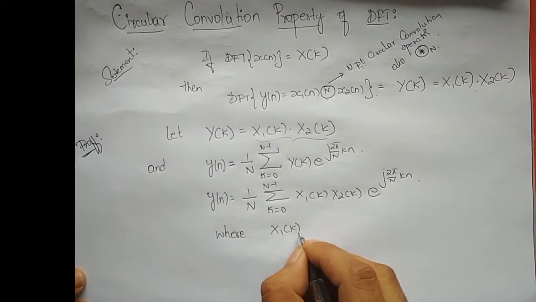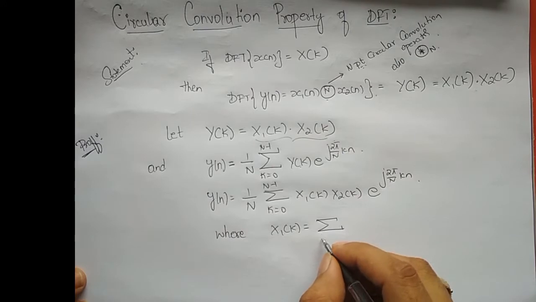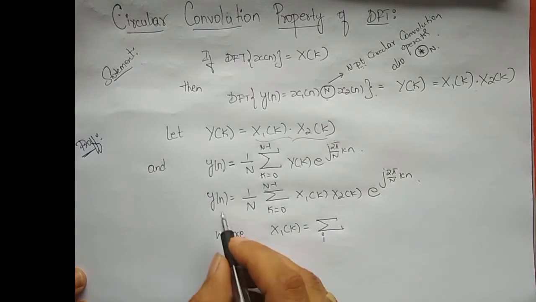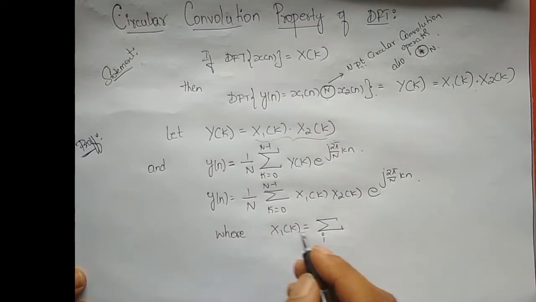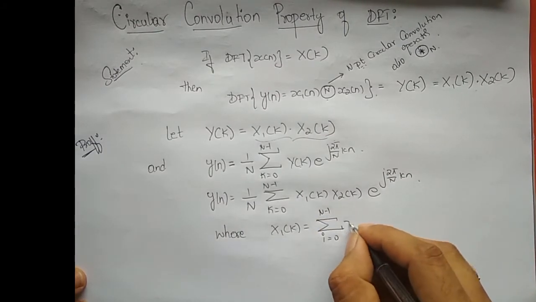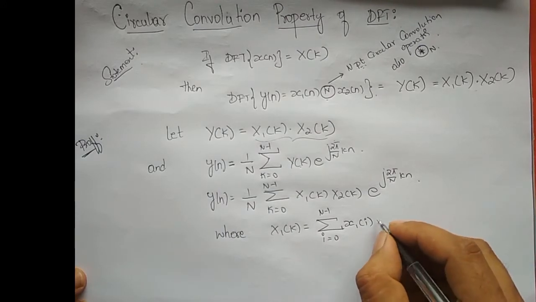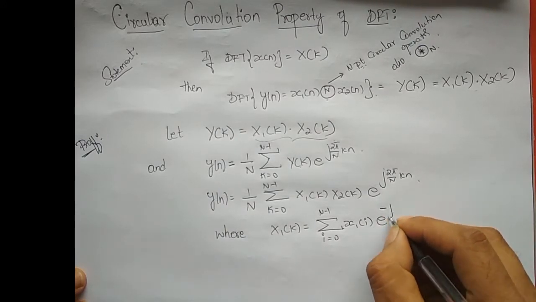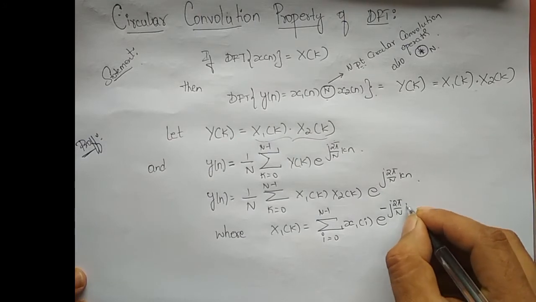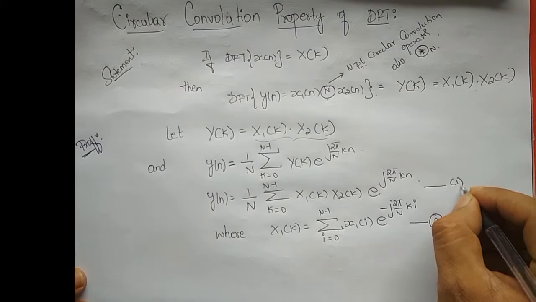X1 of k is equal to summation, I'll take it as i, because n I have already used in this equation. i is varying from 0 to N minus 1, x1 of i, instead of writing n, I am writing it in terms of i, e power minus j 2 pi by N into k into i. Let me call this equation 2, and let me call the earlier one equation 1.